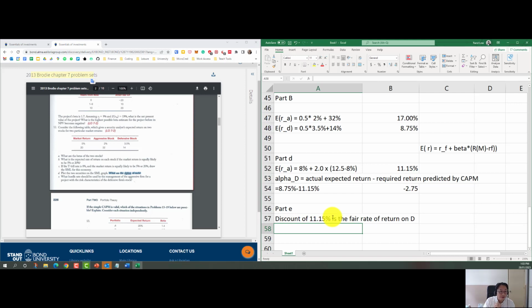We shouldn't really be using the defensive firm's stock. Because that will be the appropriate discount rate, it should be based on the project's beta, not the firm's beta. And we can see here that the beta was 0.7.